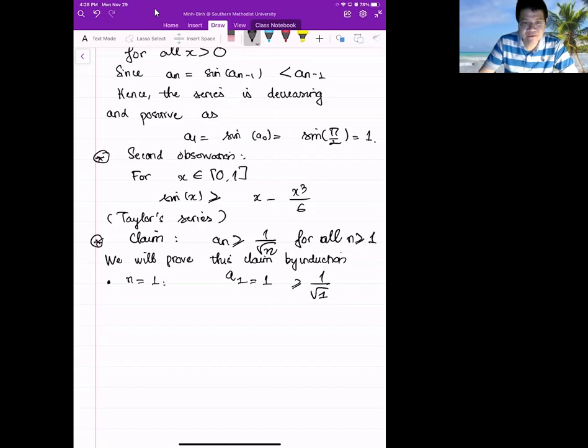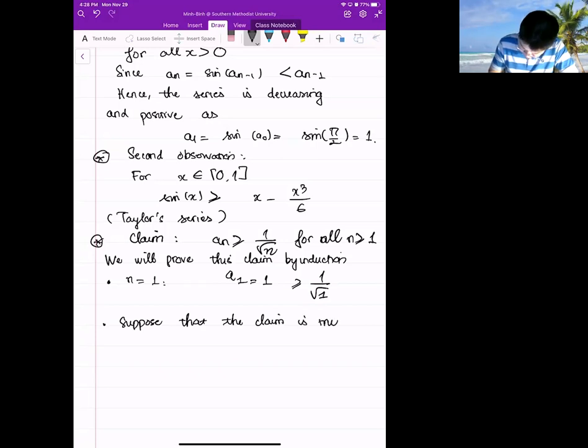Now the second thing will be the following. Because this is a proof by induction, we're gonna suppose that the claim is true for n equal to k.